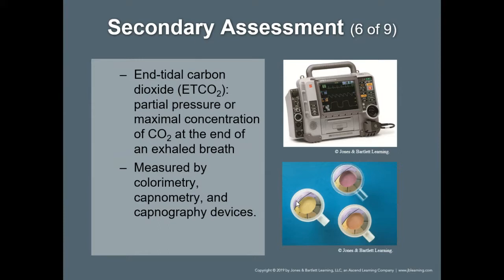And if you start to see a shark fin pattern on the cardiac monitor for your CO2 reading, it means that your patient has bronchoconstriction. I'll go into it a little bit more down the line to give you an idea of what the pattern looks like on the cardiac monitor.